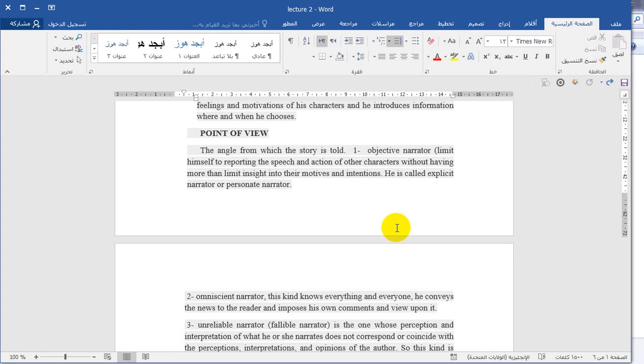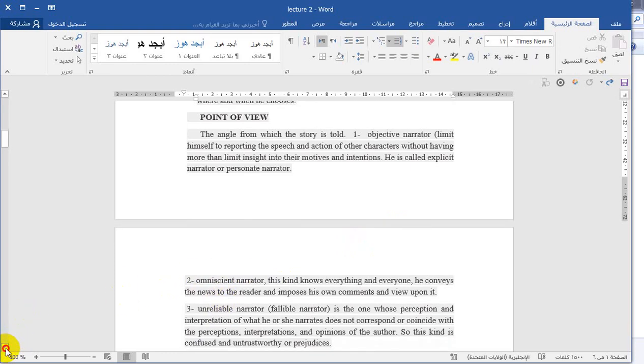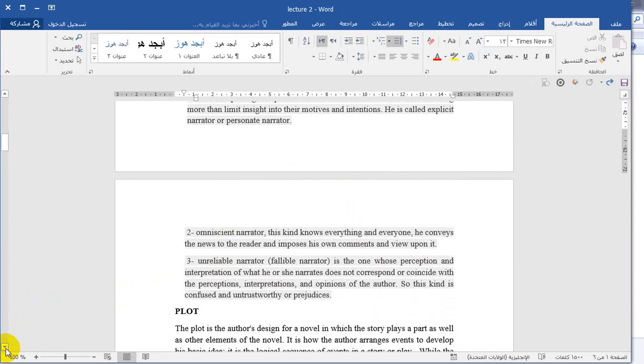Omniscient narrator, no. With the omniscient narrator, this kind is very important. Why important? This kind of narrator conveys the information and also explains the information. He explains the events. He supplies us with his own view. He imposes his own view of the events or of the action, and he is the one who knows everything. I mean, when the omniscient narrator starts the story, he knows everything from the beginning.